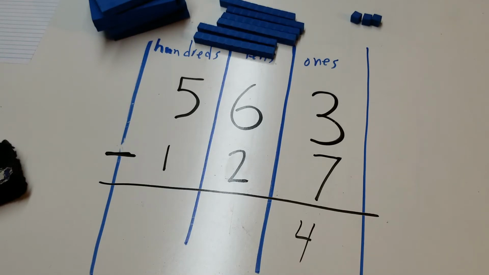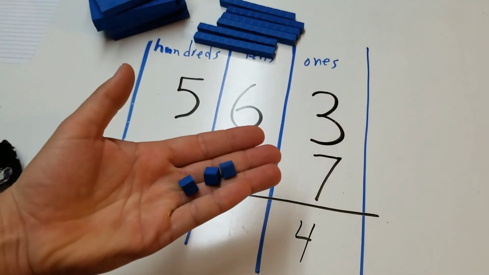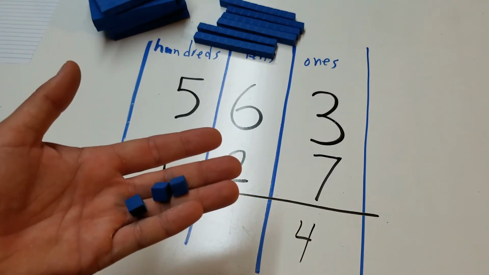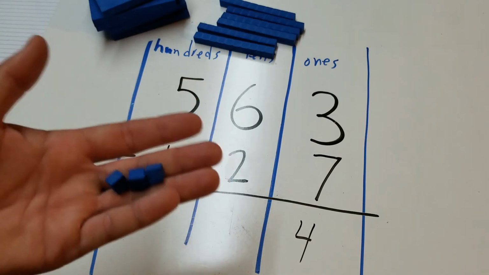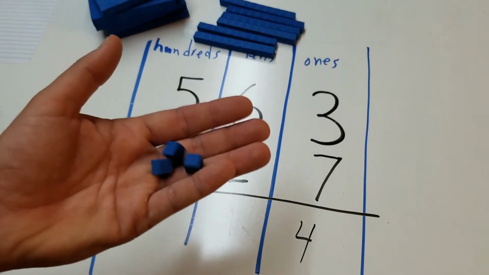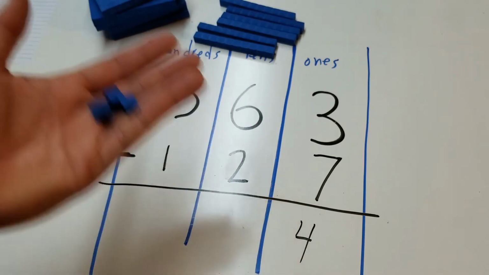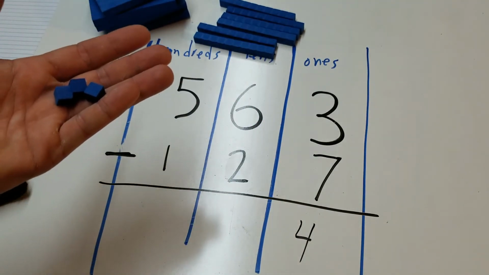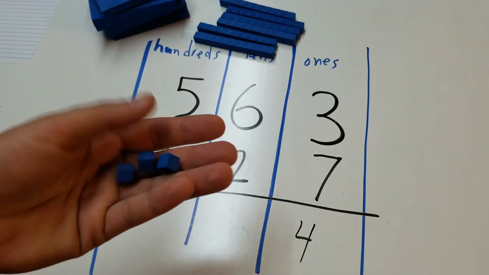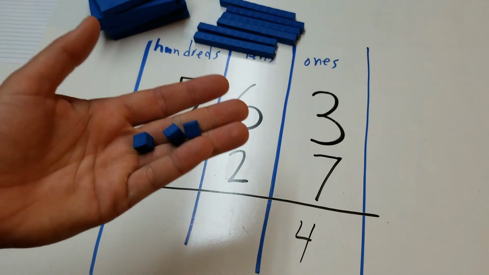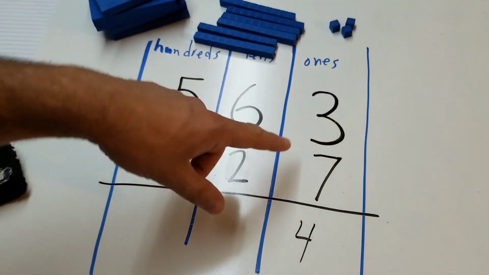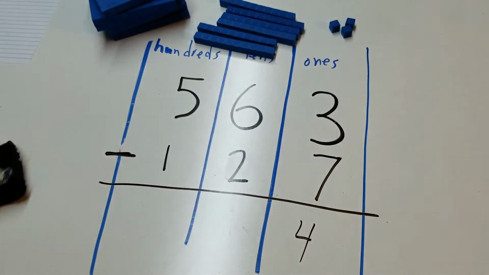Except it's not, because with 3, I can't take away 7. I can take away 3 and get to 0, and then I'm done. I can use negative numbers, and that's a thing we can do, but as is, I'm stuck. So this strategy of just flippity-flopping them, that doesn't work.